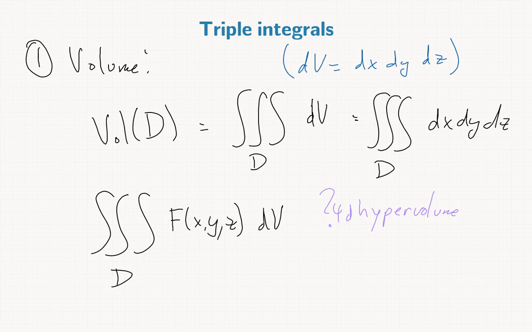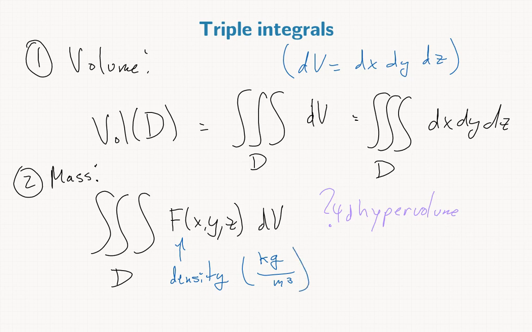Another application of 3D integrals that could be useful for understanding this is mass. So if we interpret f as a density function, so density has units, let's say kilograms over meters cubed, or in general just mass over volume.